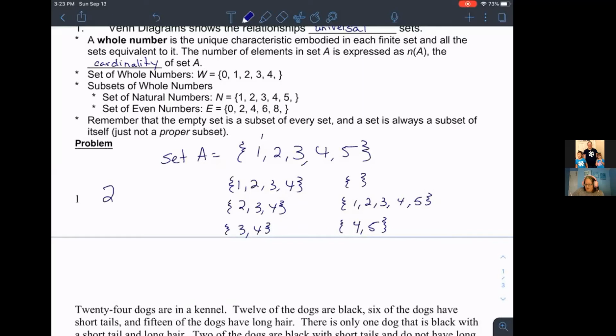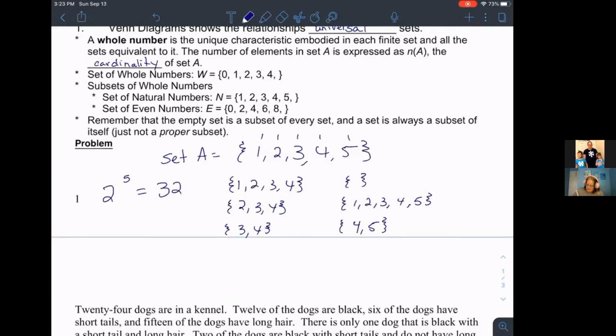This one would be 1, 2, 3, 4, 5. So you do 2 to the power of 5, which gives you 32. So there would be 32 subsets in set A.